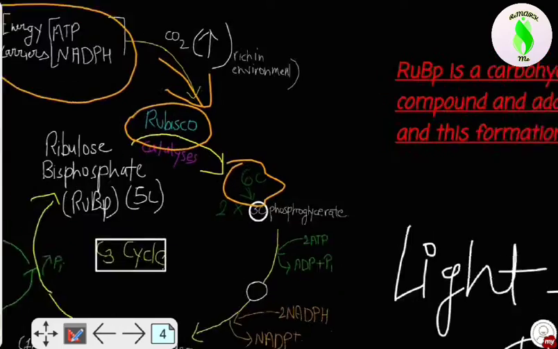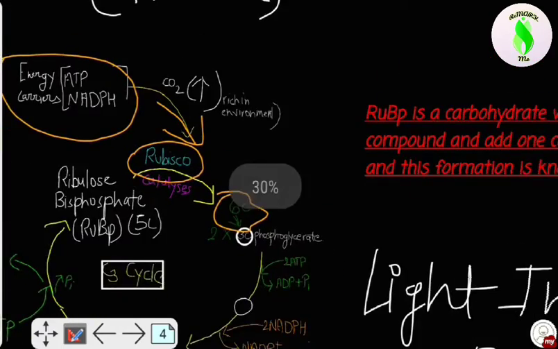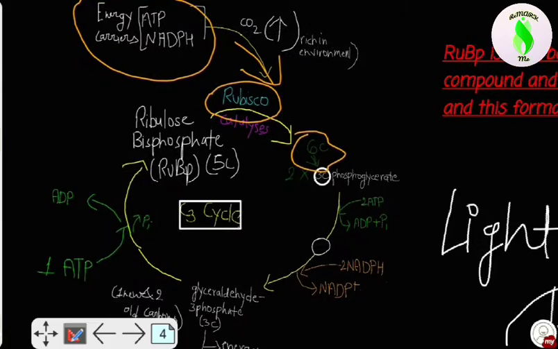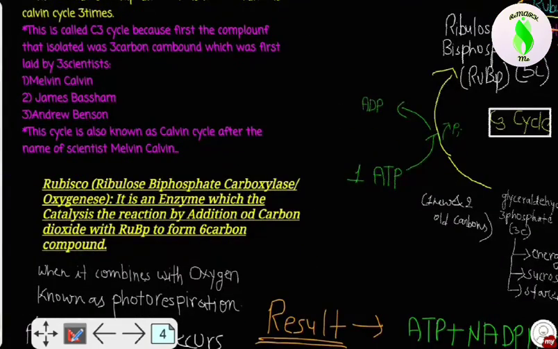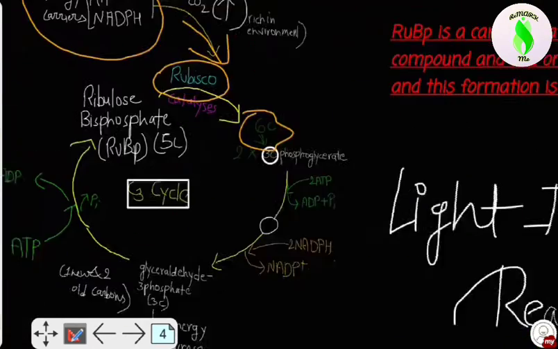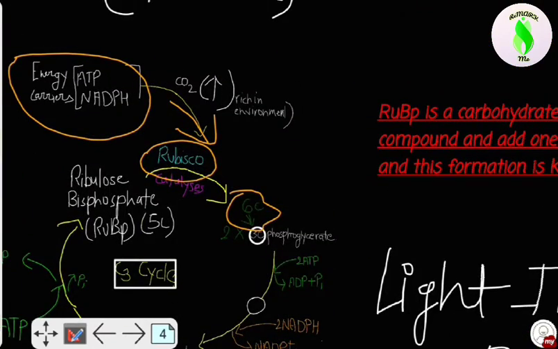What is the full form of Rubisco? Rubisco is ribulose bisphosphate carboxylase and oxygenase. It is an enzyme that catalyzes the reaction by addition of carbon dioxide to RUBP to form a 6 carbon compound. So it plays a very important role in the formation of glucose.